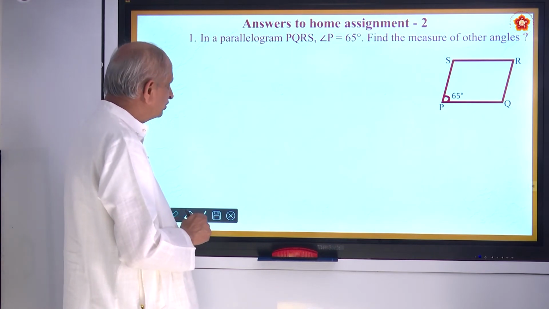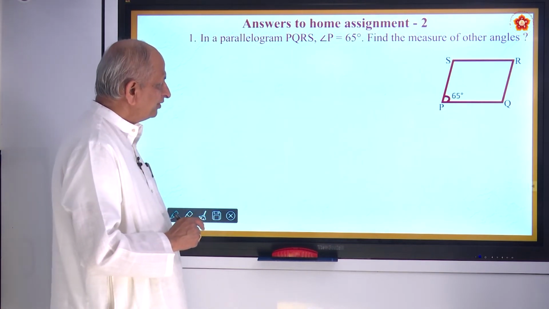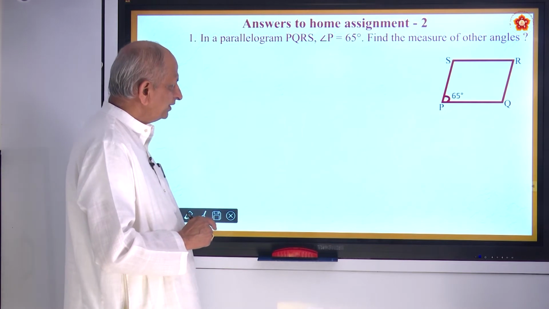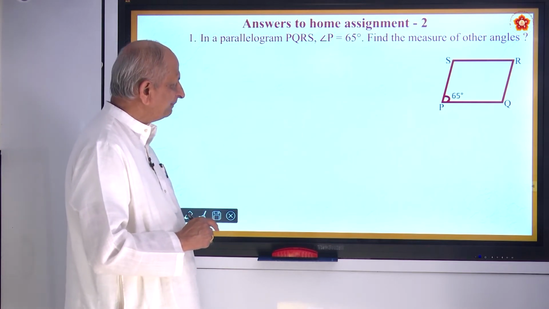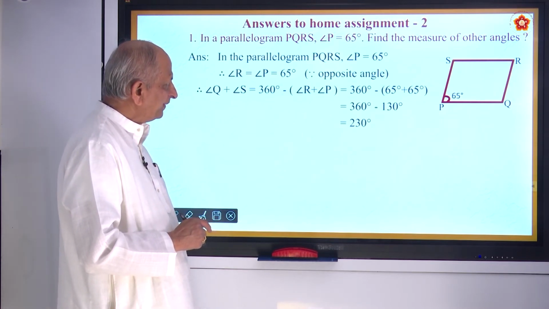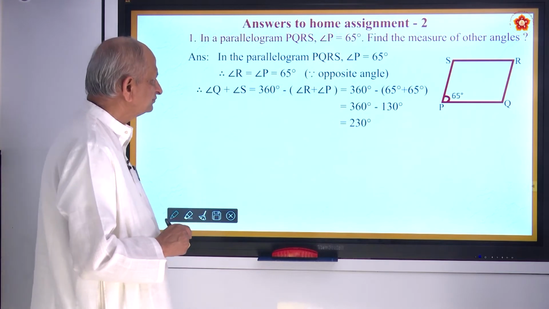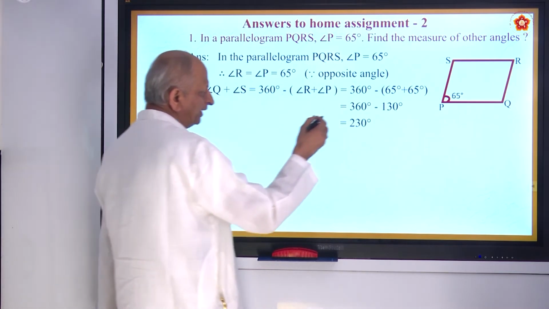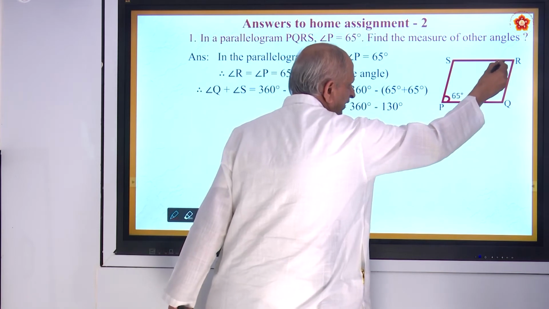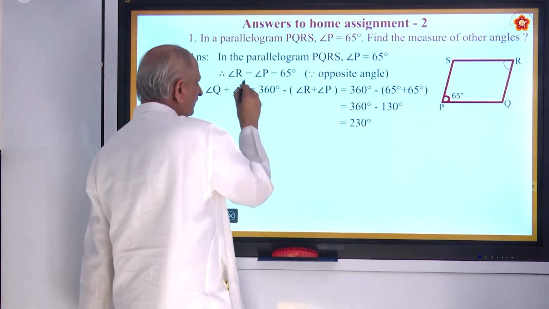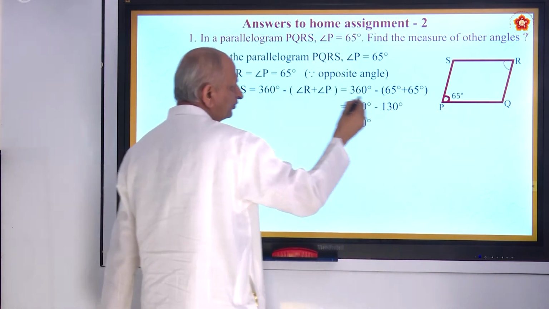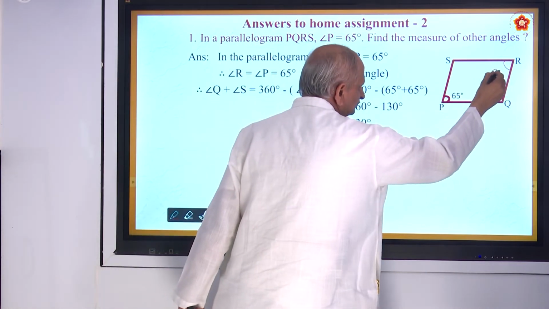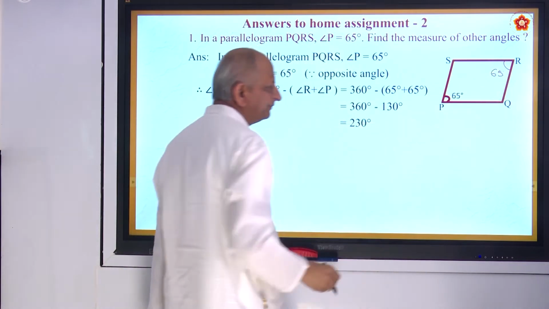Now we will pass on to the home assignment. First question. In a parallelogram PQRS, angle P is 65. Find the measure of the other angles. So we know that opposite angles are equal in a parallelogram. If P is 65, R also must be 65. Why?